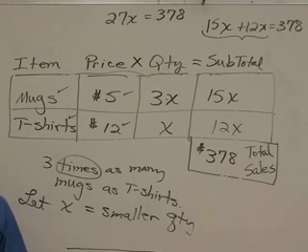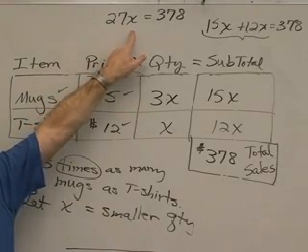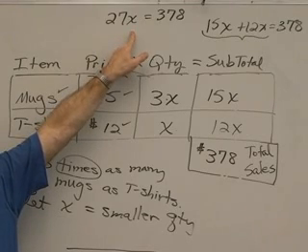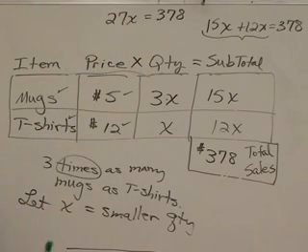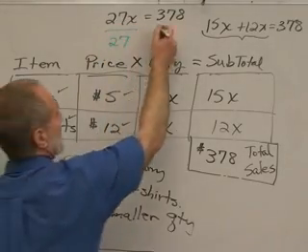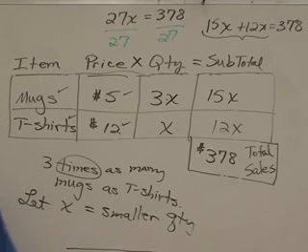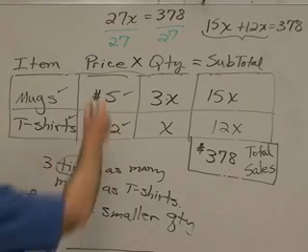What's this 27 doing to that x? It's multiplying it. What's the opposite of that? Divide. So if we divide this thing by 27, oops, we have to divide the other thing by 27, or they won't be equal to each other, will they? So 27 divided by 27 is what?